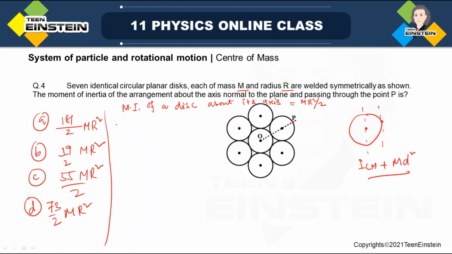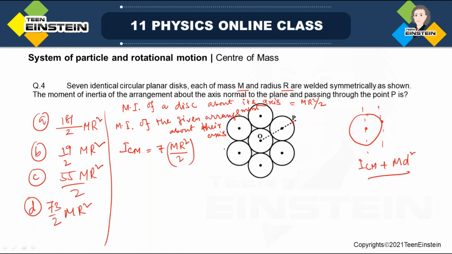The moment of inertia of the given arrangement about their own axis is I CM, that is actually 7 into m r square by 2, 7 m r square by 2, because there are 7 identical discs.